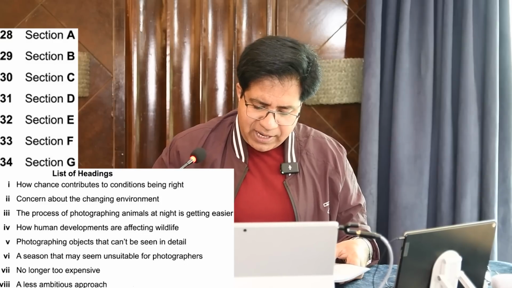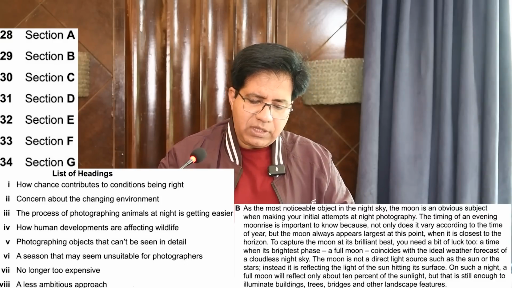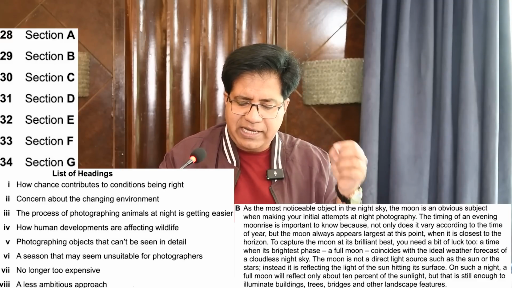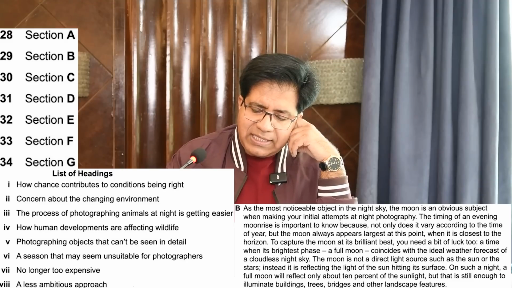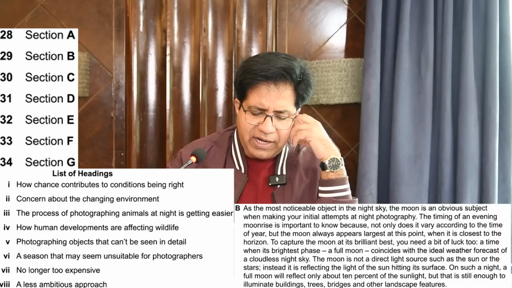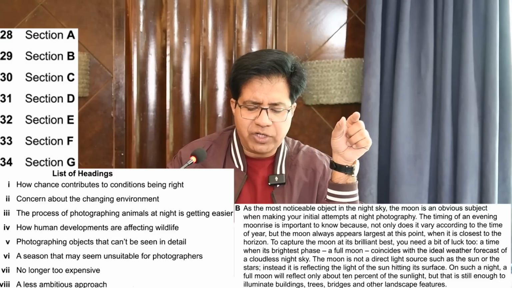Now please come to paragraph B. As the most noticeable object in the night sky, the moon is an obvious subject when making your initial attempts at night photography. The timing of an evening moonrise is important to know because not only does it vary according to the time, we read it already. I'm reading it from to capture the moon. Found it?